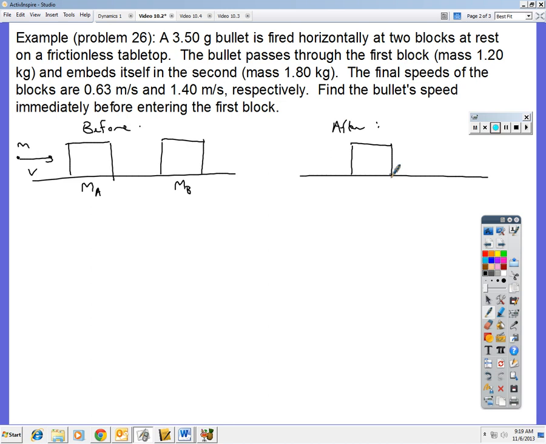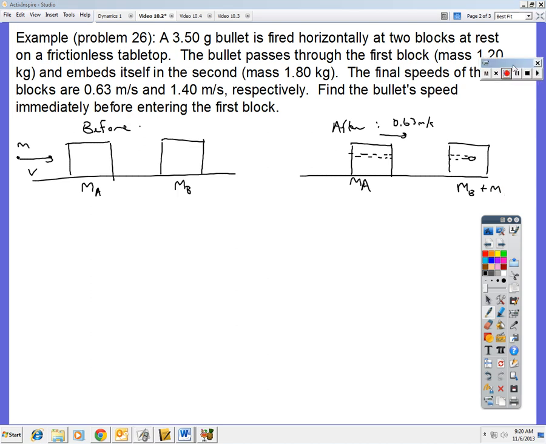So there's a hole through block A now, and block A is moving at 0.63 meters per second. And the bullet embeds itself in block B, so that now effectively has the mass of B plus the mass of the bullet m, and that's moving at 1.4 meters per second.